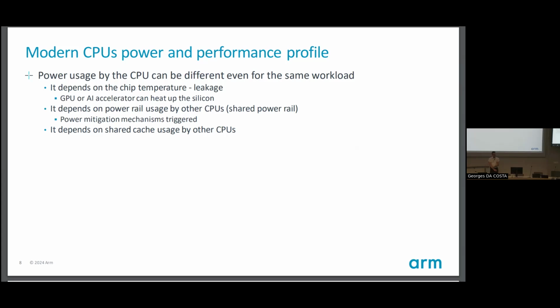So you might get throttling just to be sure that the safety conditions are met, to not put the power rail into a position where you cannot sustain the voltage. So the throttling will kick in, and that's also affecting your power. So measuring the power is really important for us, and calculating energy as well.